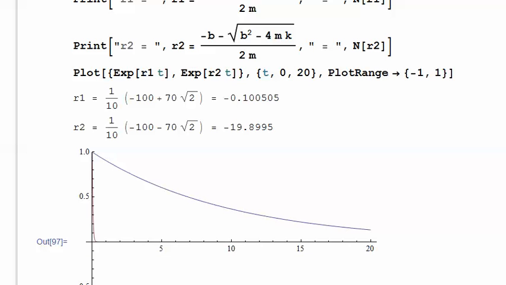Now at this time, unfortunately, I am unable to come up with a precise explanation for what these two different decay rates would be.